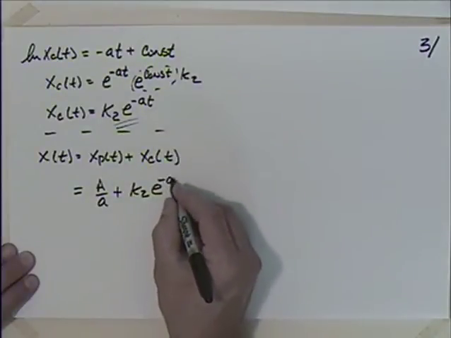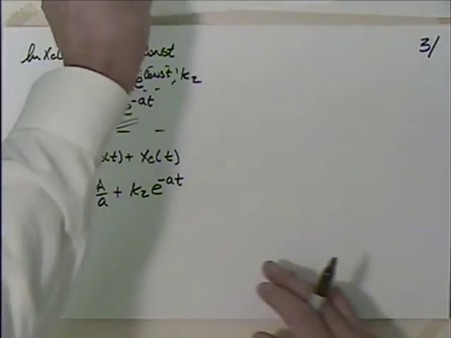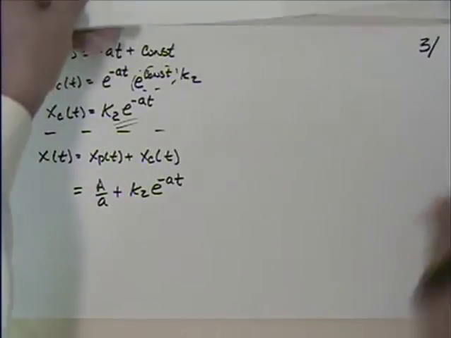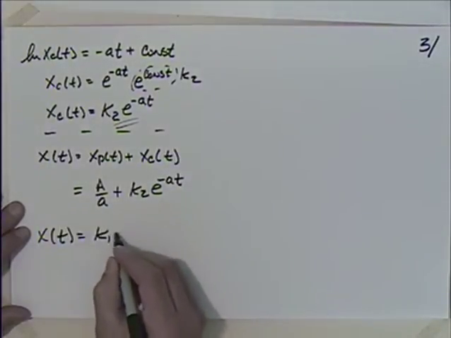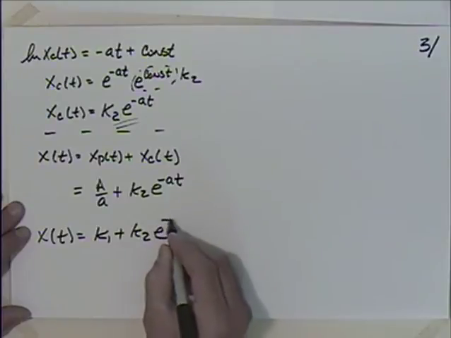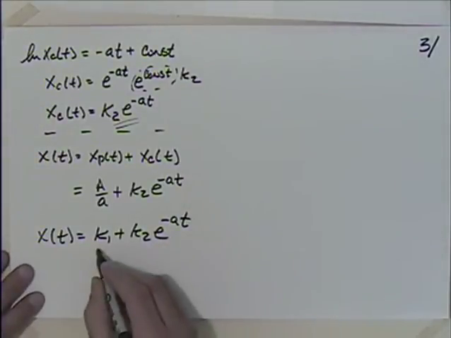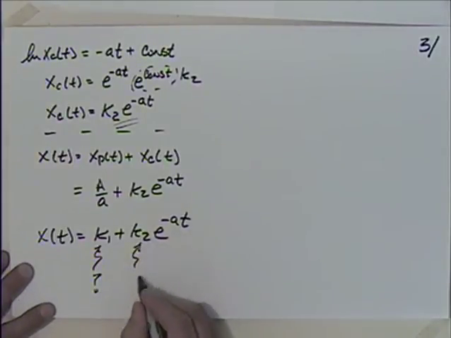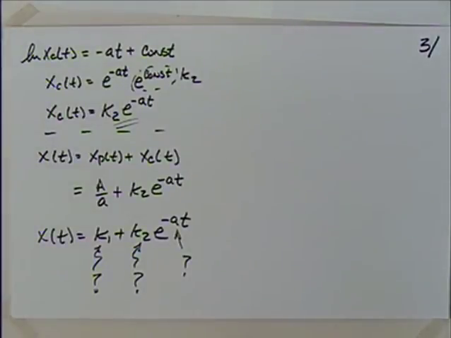And I could really say that this was actually K1, wasn't it? So I could write this as K1 plus K2 e to the minus a t. That's what the solution form looks like. So then the task is to figure out what K1 is, what K2 is, and what a is.